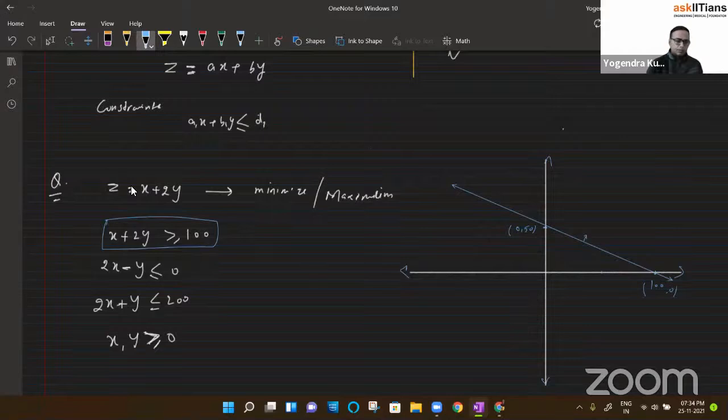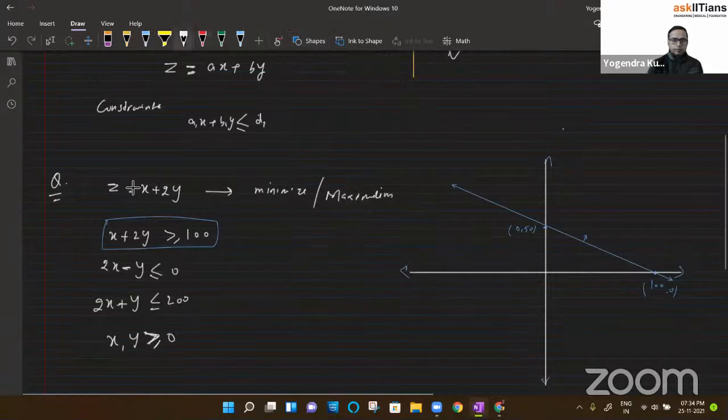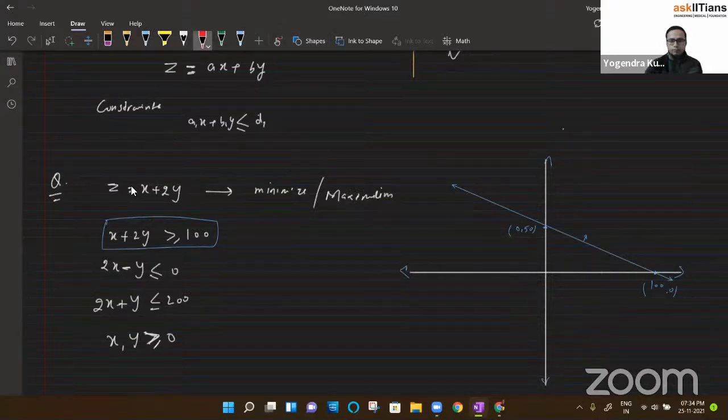Now this one, 2x minus y, it is something like y equals 2x, right? Some line like this. If y equals x, the slope will be 45 degrees, but I'm making it y equals 2x kind of. Now, should I shade this side or this side?